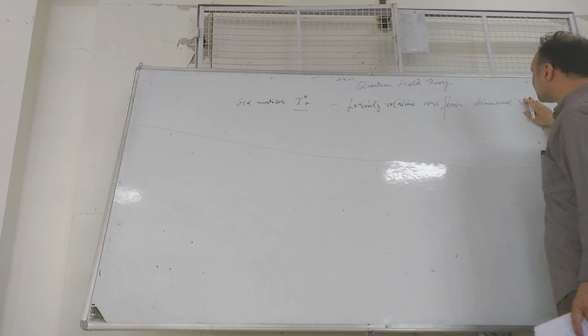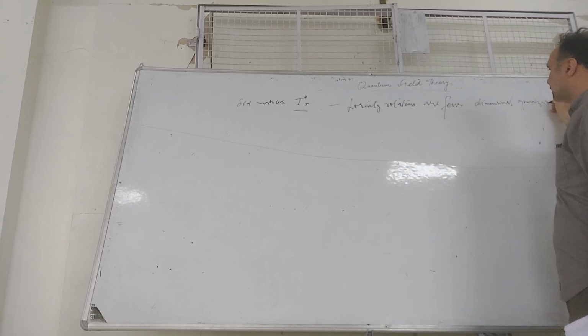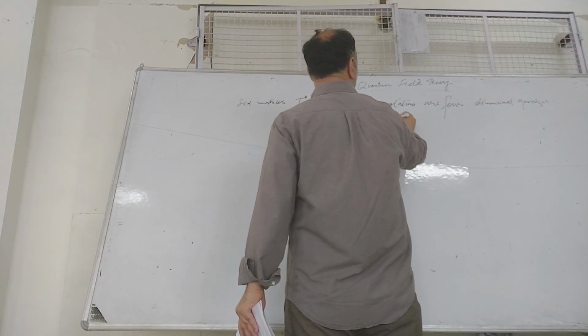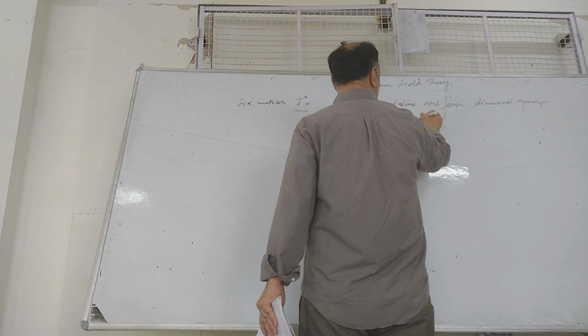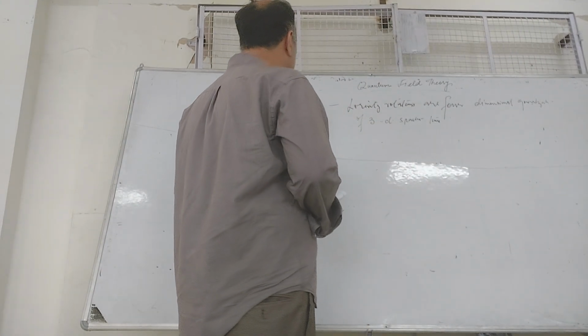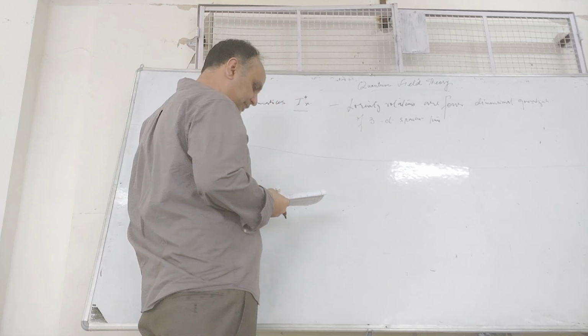Those are dimensional generalizations of 3-dimensional space. Okay. This can be rows and columns.